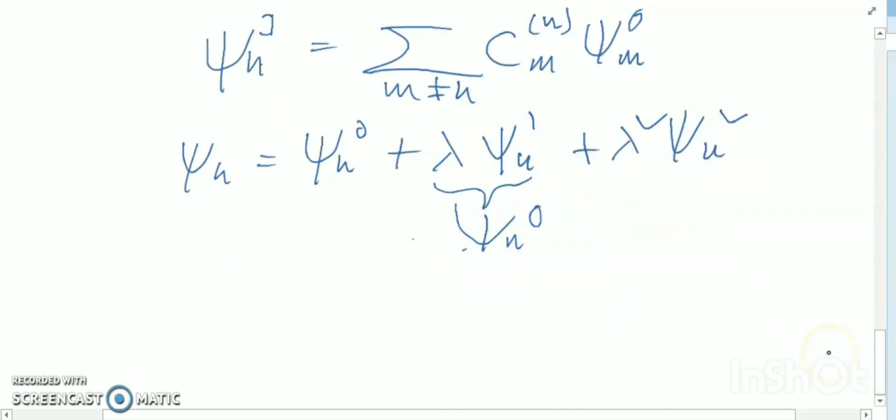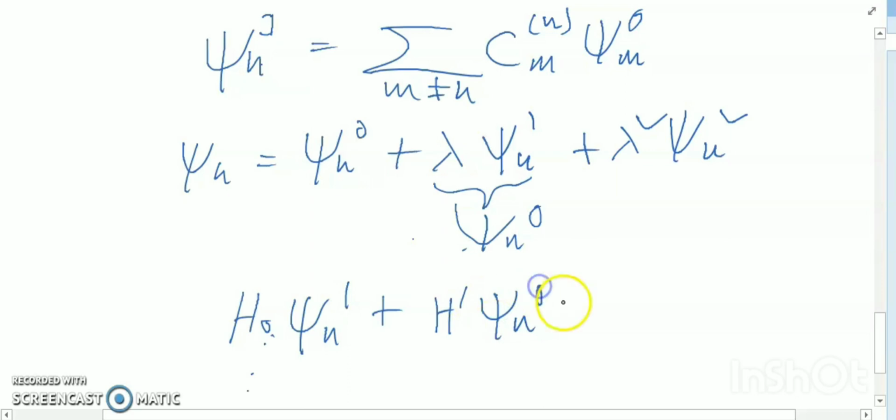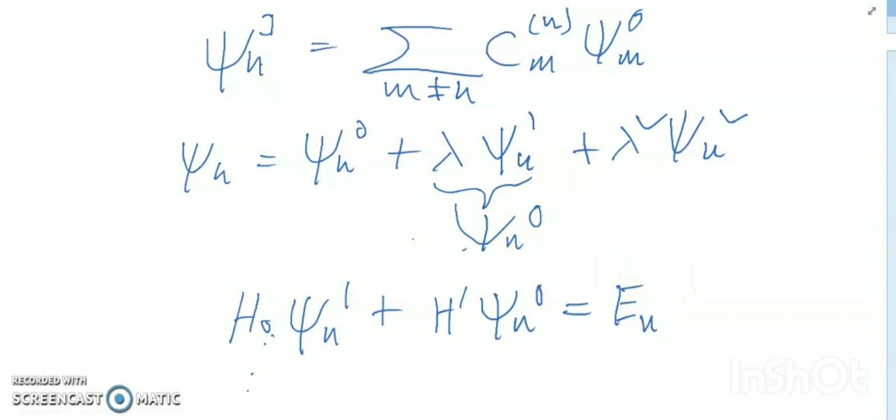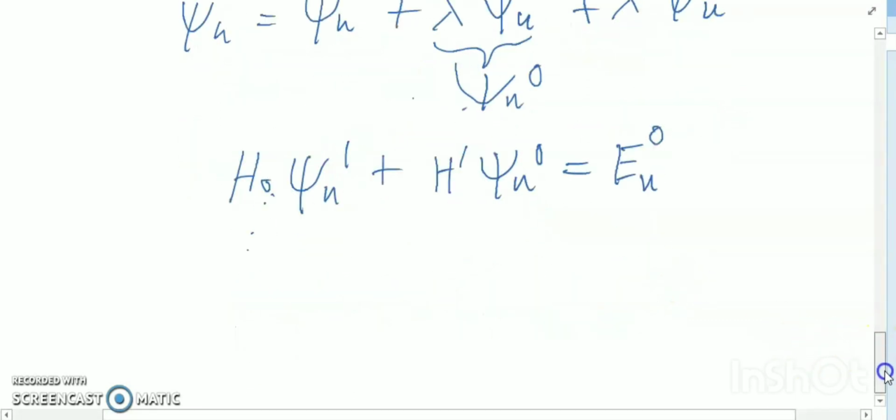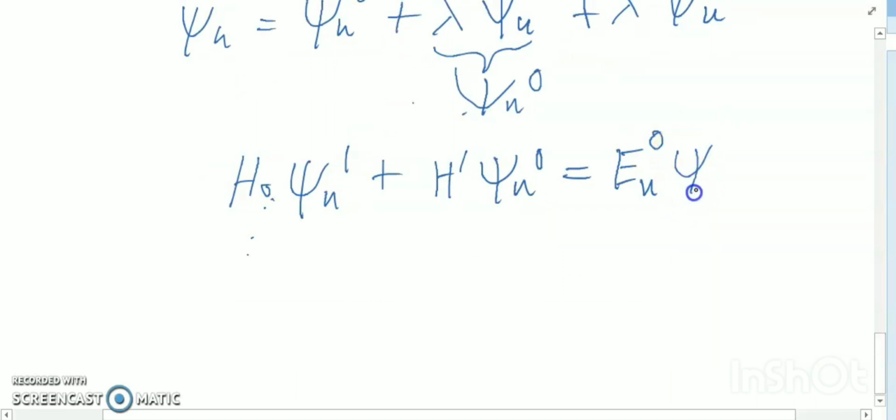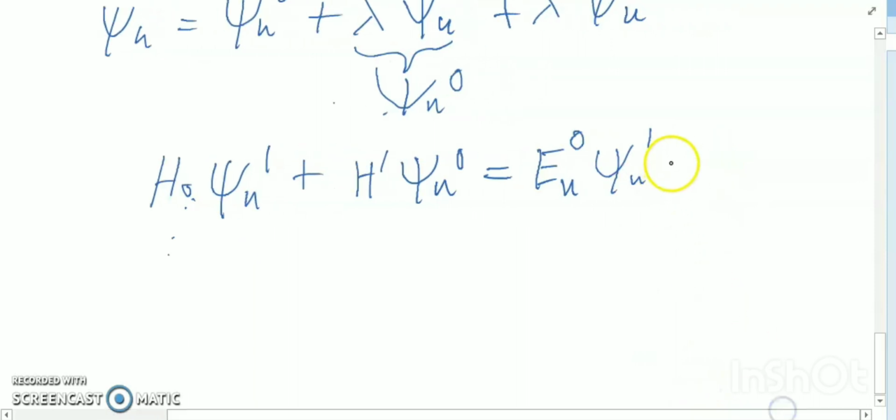So, first order corrections. H0 psi n1 plus H prime psi n0 equals E n0 psi n1 plus E n1 psi n0.